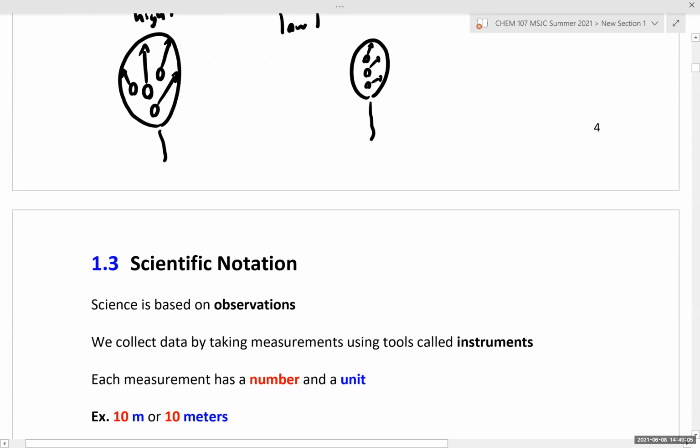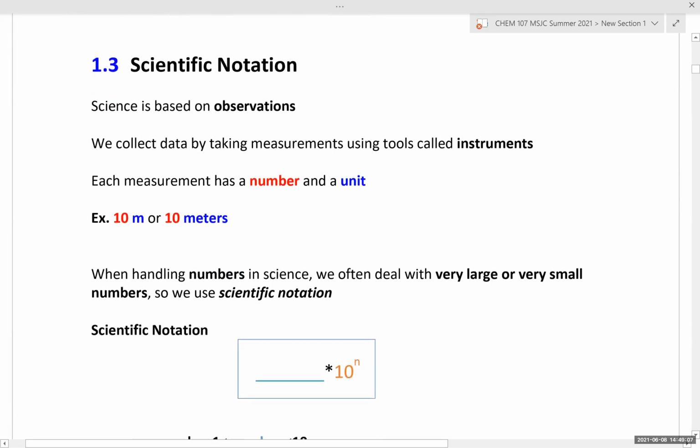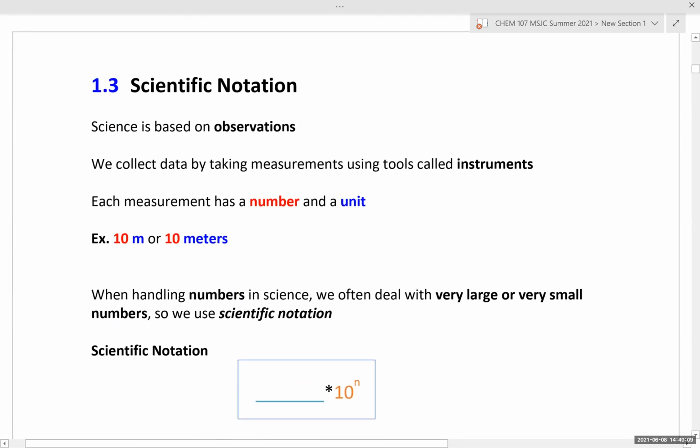Okay, let's keep going now, and let's talk about how numbers are handled in science. Well, the centerpiece of processing large and small numbers in science is scientific notation.